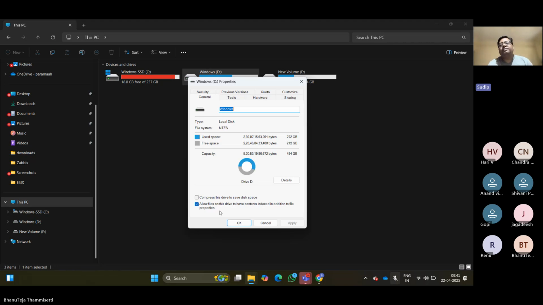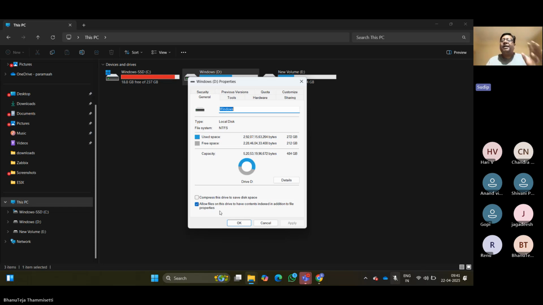So remember this one thing in the IT world: if you're getting an advantage, there will always be a hidden disadvantage also. Just because on the screen you're seeing only the advantage doesn't mean there is no disadvantage at all. Don't be in that thought process. There will always be a hidden disadvantage.